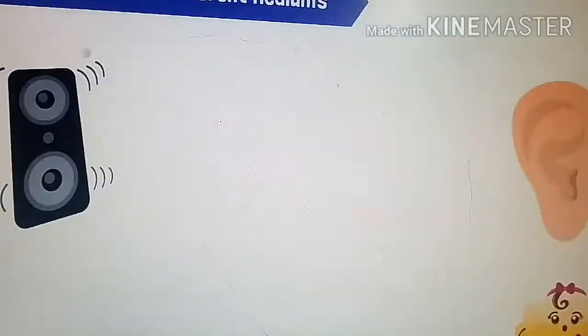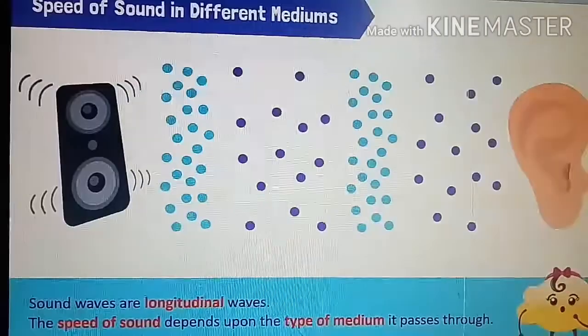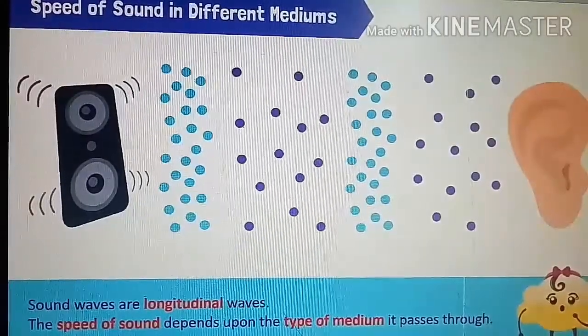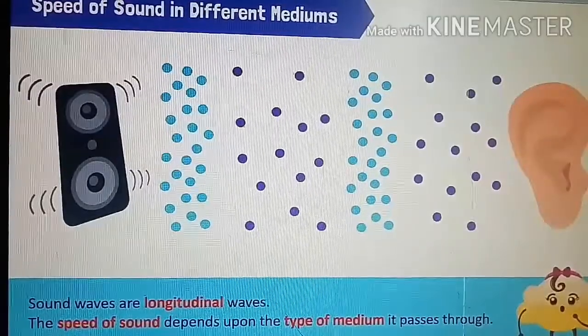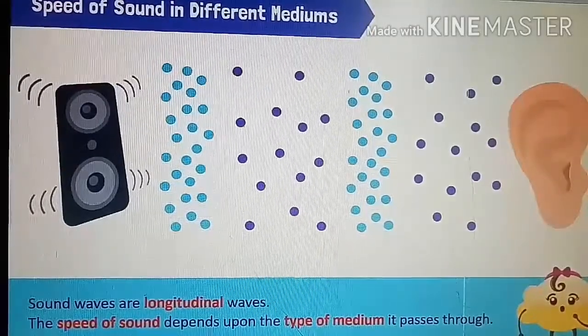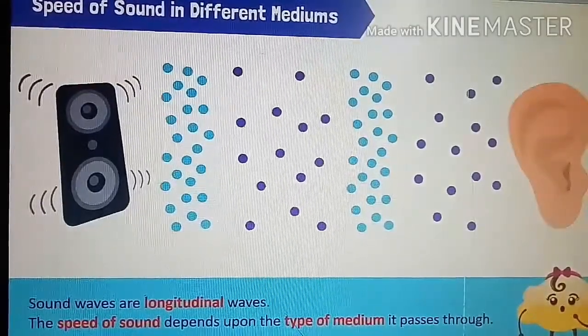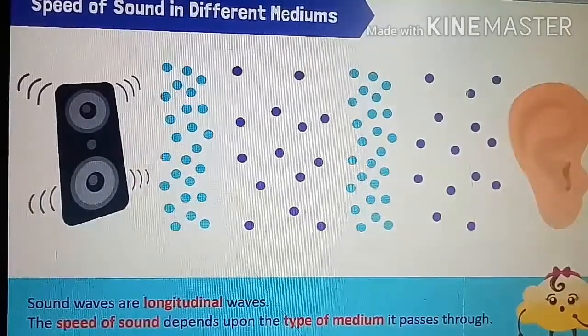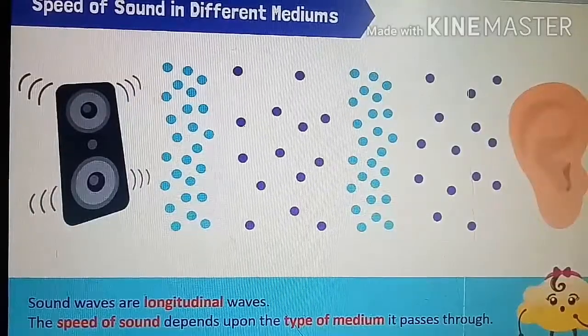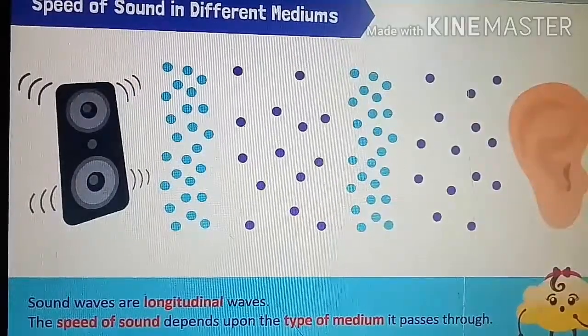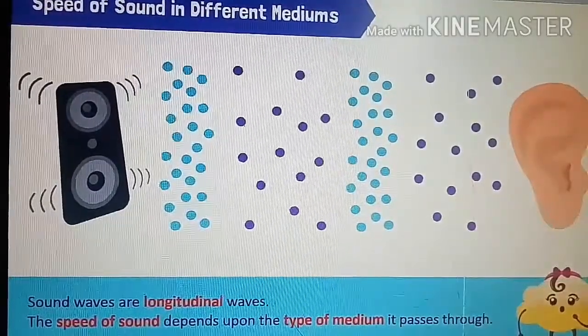And the speed of sound in different mediums is different. As we discussed, we have seen in the table in a previous video, the speed is different in different media. So sound waves are longitudinal waves, and the speed of sound depends upon the type of medium it passes through.